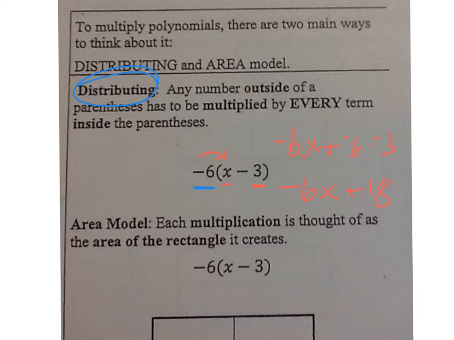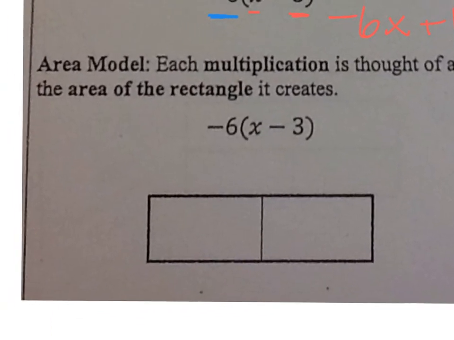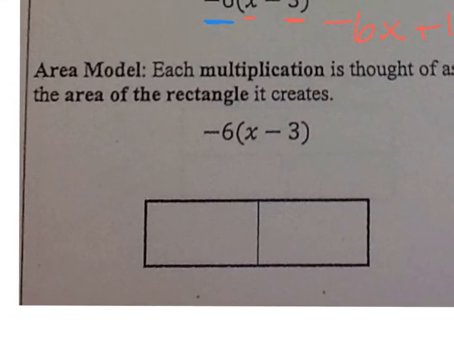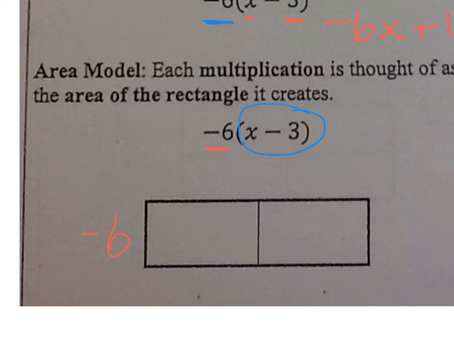But we're going to look at the area model right now, and that is a visual model that allows you to keep track of stuff. And the area model kind of is like a multiplication chart. So the area model says that this part is going to be one of the dimensions of the rectangle, and this part is going to be the other dimension of the rectangle, x minus 3. And then we're going to fill in the boxes based on a multiplication chart.